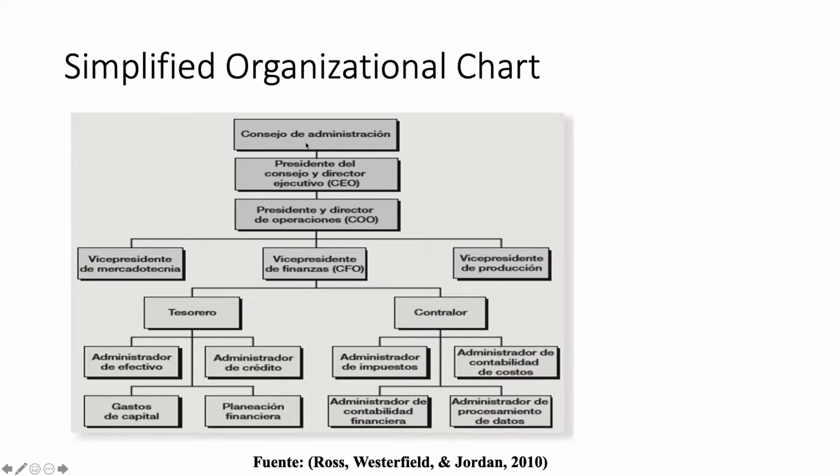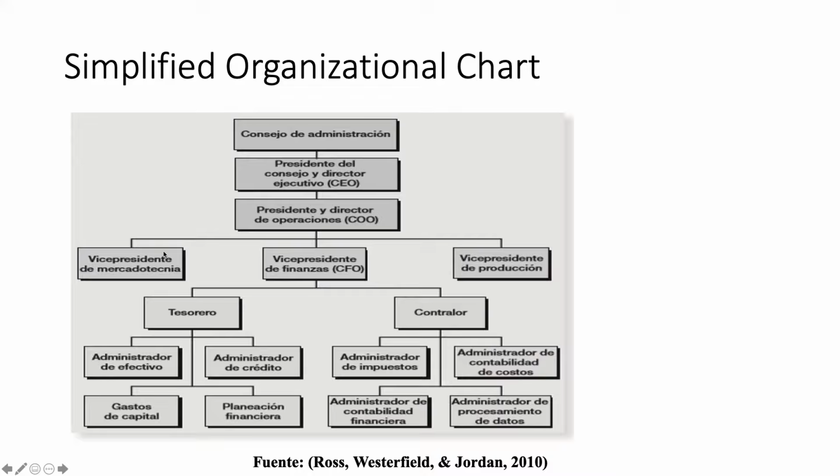We have the board. We call it Consejo de Administración in Spanish. And then we have the president or executive director, the CEO. In the US, we call him the CEO, chief executive officer. Then we have the COO, that is the operations director, all right?